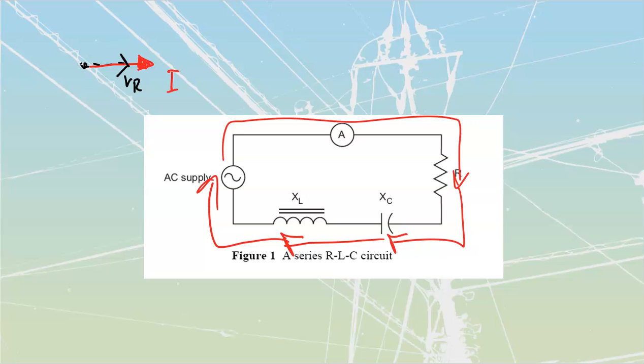Now, if I'm dealing with an inductor, the voltage leads the current, right? ELI, like that. So this is going to be my VL. And if I'm dealing with a capacitor, ELI the ICEman, ICE, like that, I'm going to have current that is going to lead the voltage. So here's my current, here would be my voltage, VC, like that.